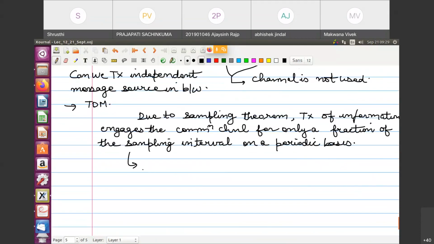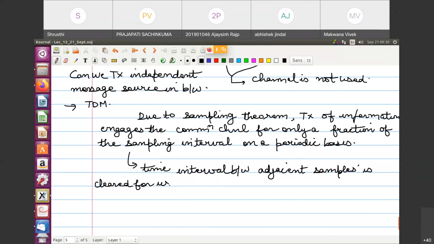Time interval between adjacent samples is cleared for use by other independent message sources on a time shared basis.